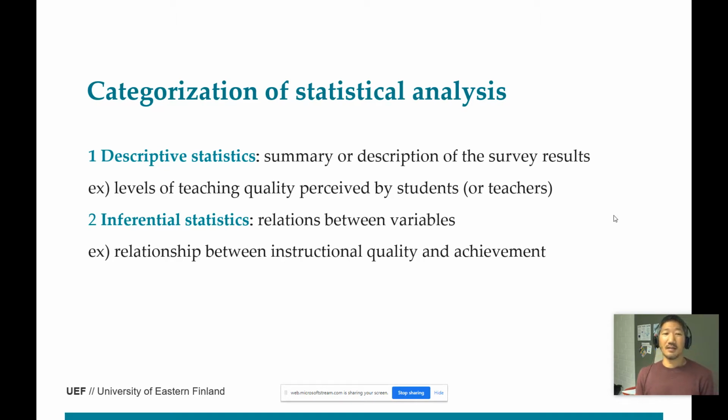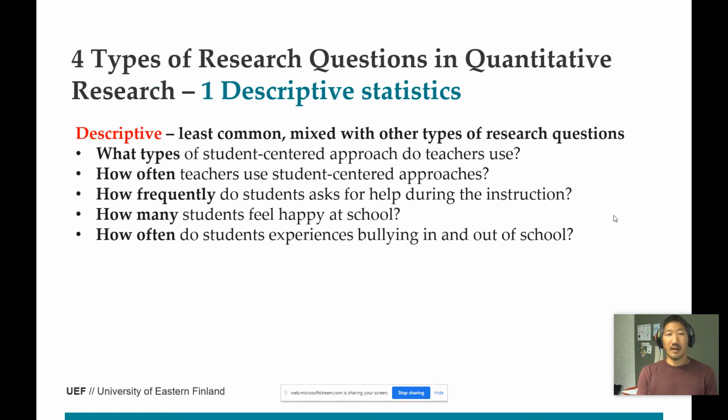So there are two types of statistics that are often used in the quantitative research method.